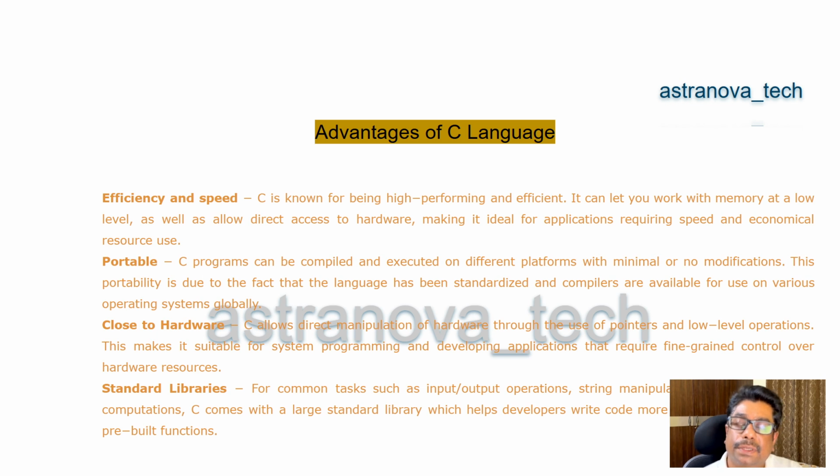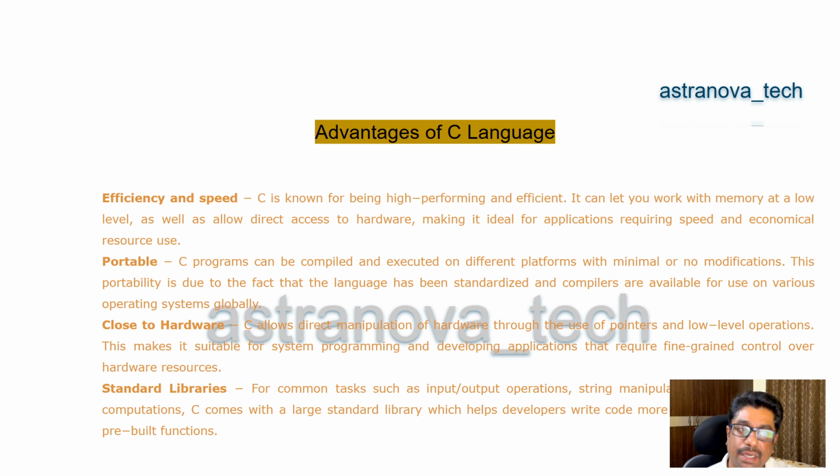Today we can see another set of details about C, mainly its advantages. In this slide we can see a set of advantages of C language. First of all, efficiency and speed. Why is it so efficient?